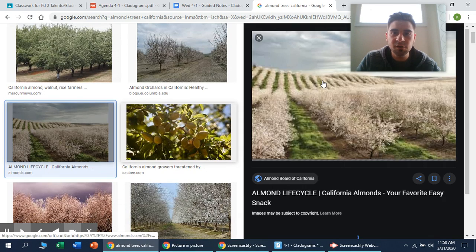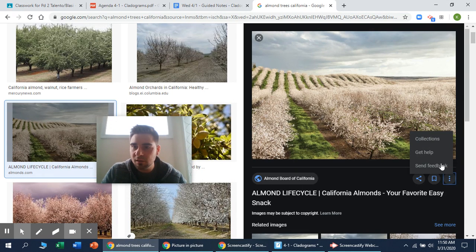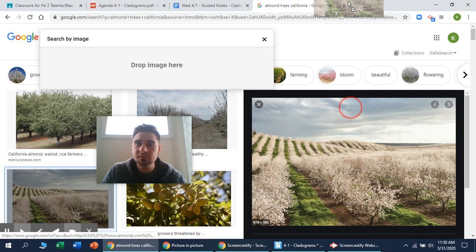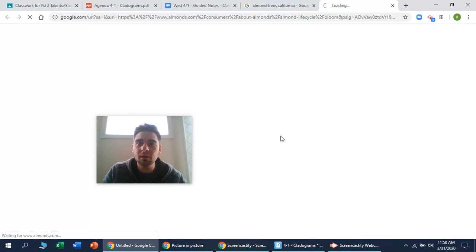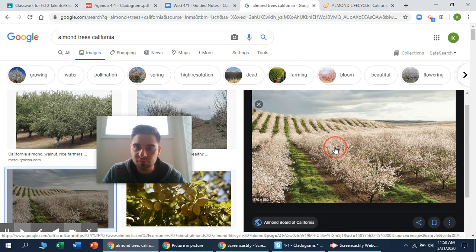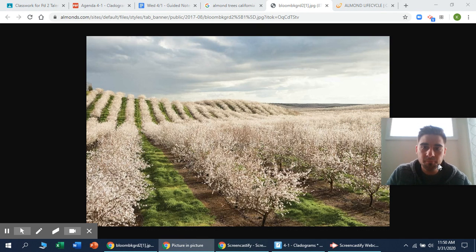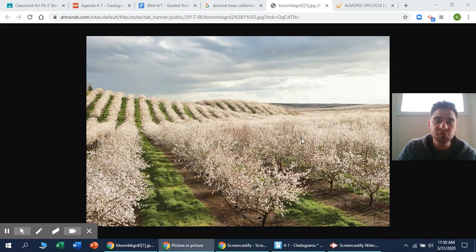So here's a good picture showing that, because essentially this is all the same exact tree over and over and over, right? So I'm trying to just get this picture by itself. So let me see, open image in a new tab, here we go. Okay, so here we go. Giant orchards of almond trees. All of these are basically exactly the same.